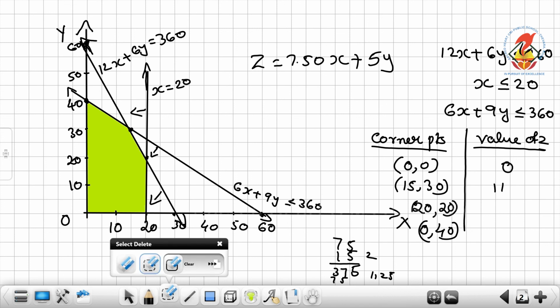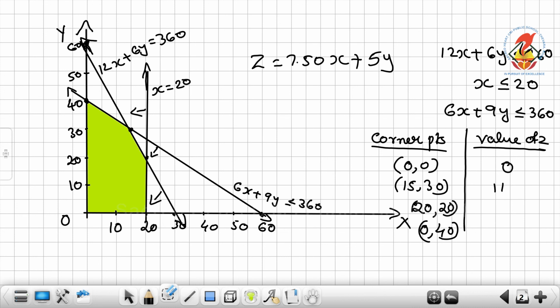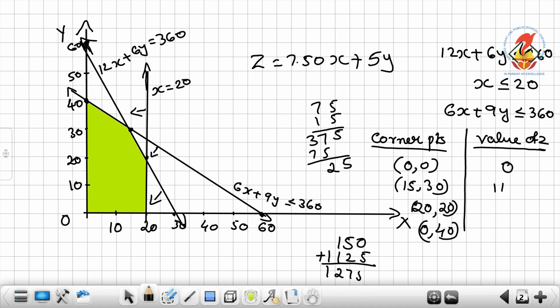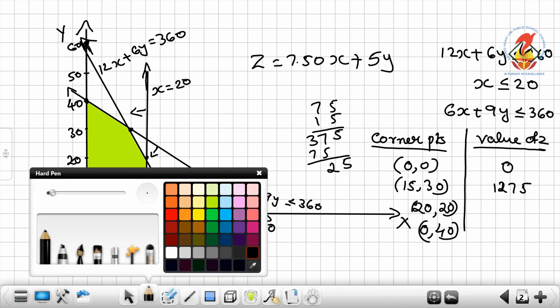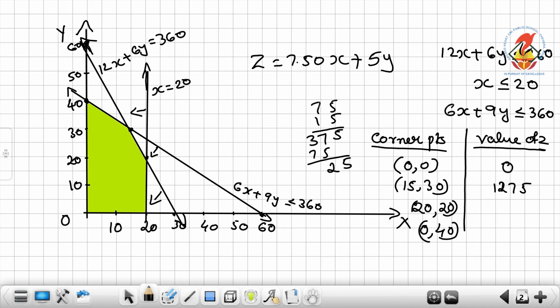No, that's wrong. 30 into 5, that is 150, plus 7.5 into 15, which is 112.5. So 262.5. Then 20, 20: 7.5 into 20 is 150, and 100, that is 250.